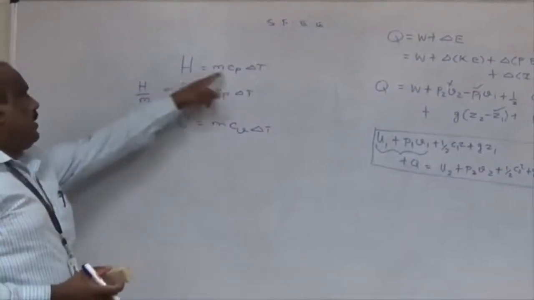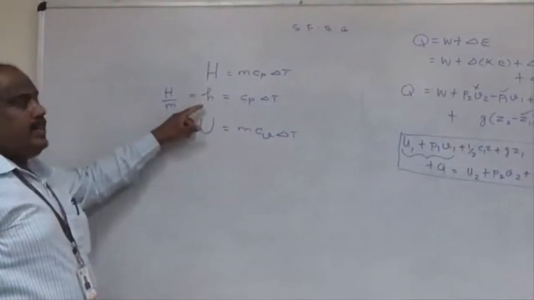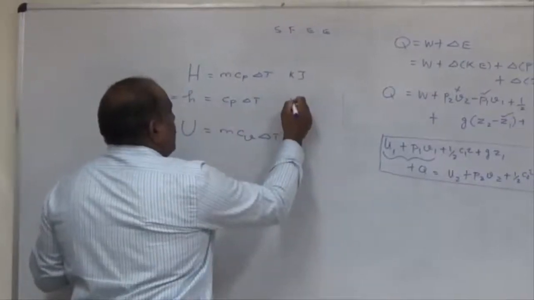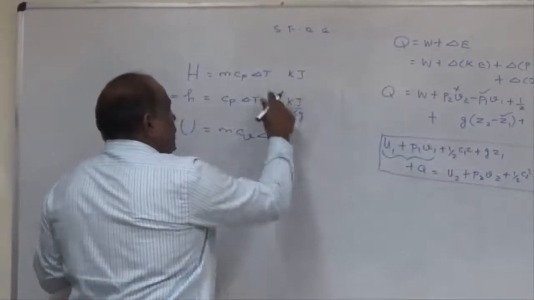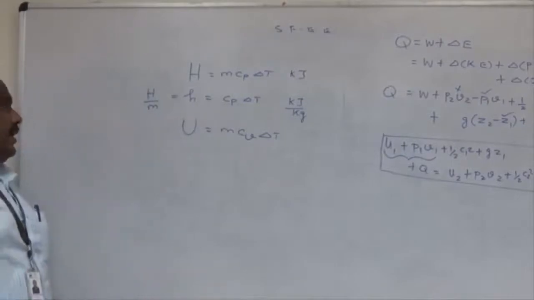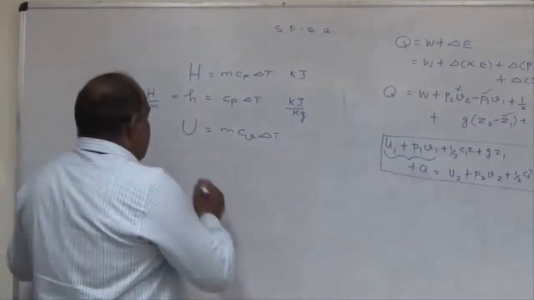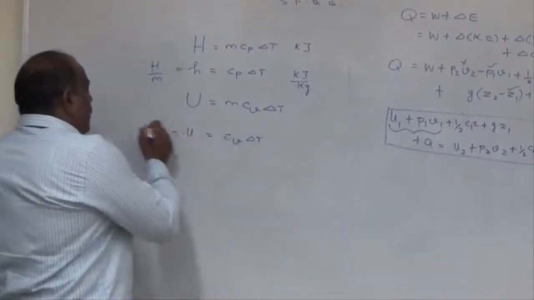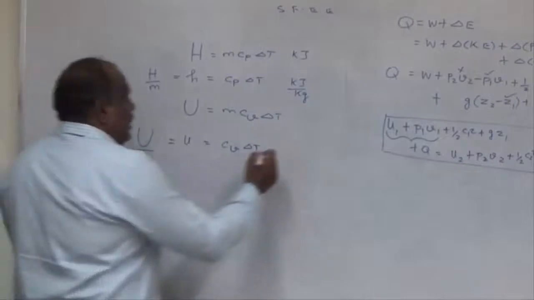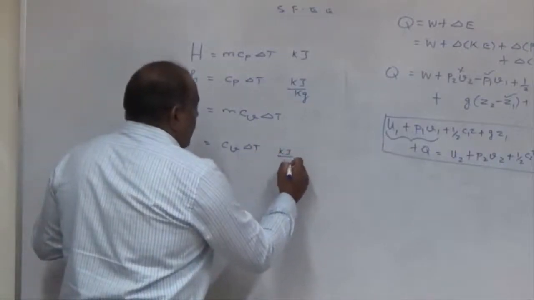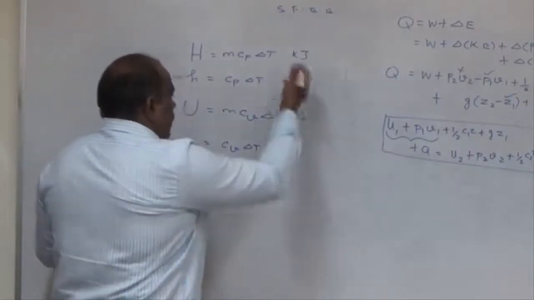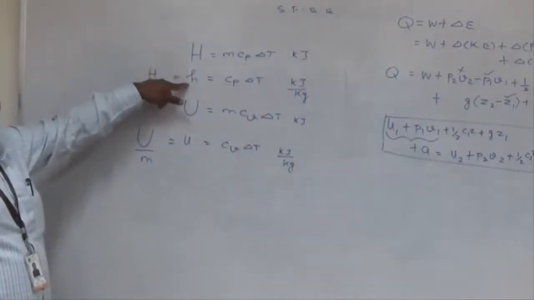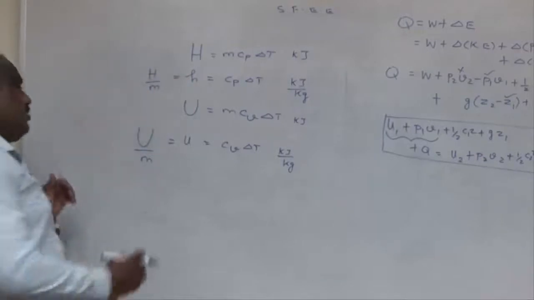The unit of H is kilojoule, and the unit of small h is kilojoule per kilogram. It is a specific property, otherwise called an intensive property. Similarly, small u will be equal to Cv into delta T, which is nothing but capital U by m. This also has a unit of kilojoule per kilogram, while capital U has a unit of kilojoule. So we should know to differentiate the extensive property and the specific property, which is nothing but an intensive property.